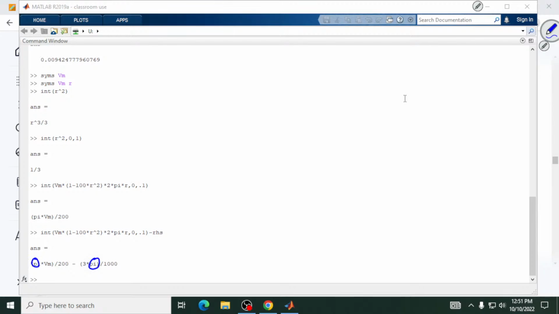So now, if I look at this, this is supposed to be equal to 0. So I can get out the pi's, and I'd have Vm over 200 equals to 3 divided by 1,000. Is it 3 or 2? 3. This is 3. Yeah.